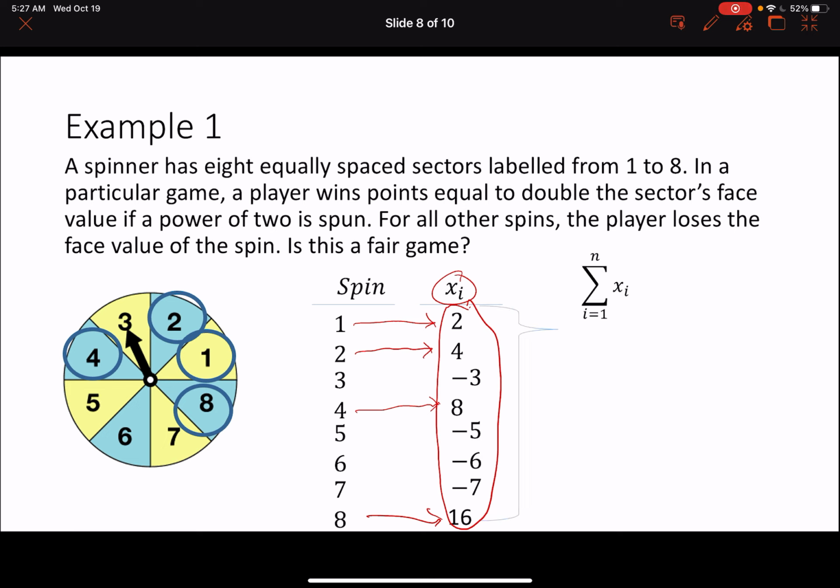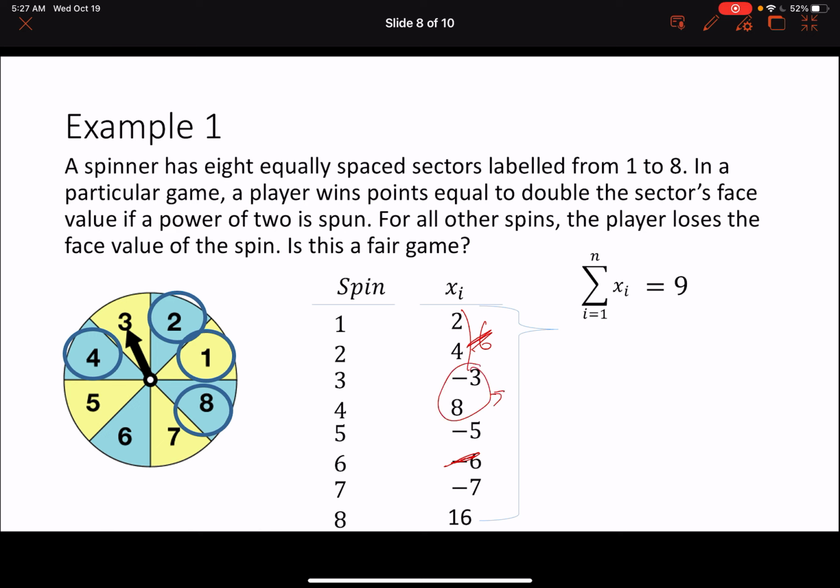So how do we add? That means sum up all the xi from 1 to n, all of them. So that's equal to 9. If I add up all these numbers, 2, that's 6, minus 6, that's 5, minus 5, and 16 minus 7 is 9, so that's how I got 9.